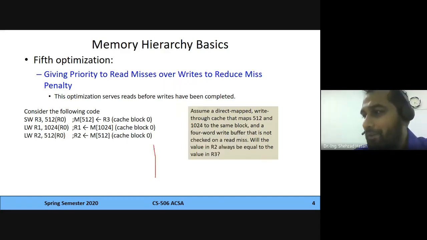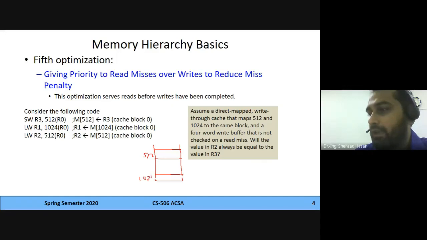Okay, so there is a memory here, and there are two different blocks: the block at 512 and the block at 1024, right?